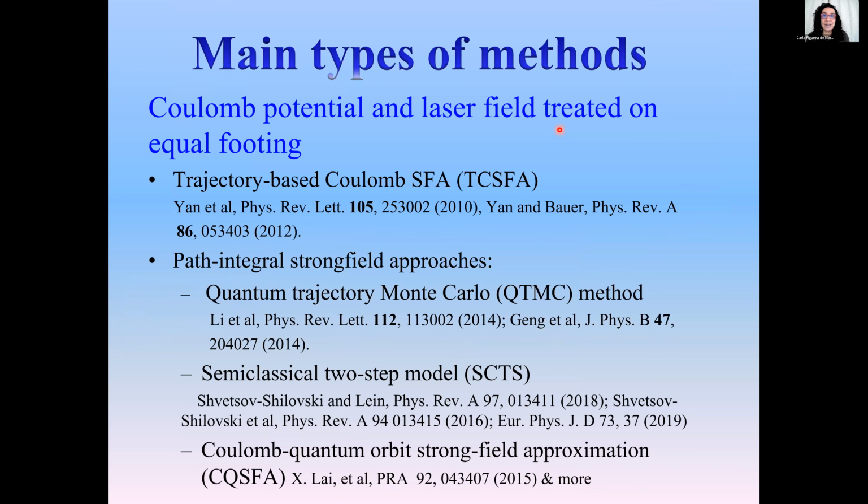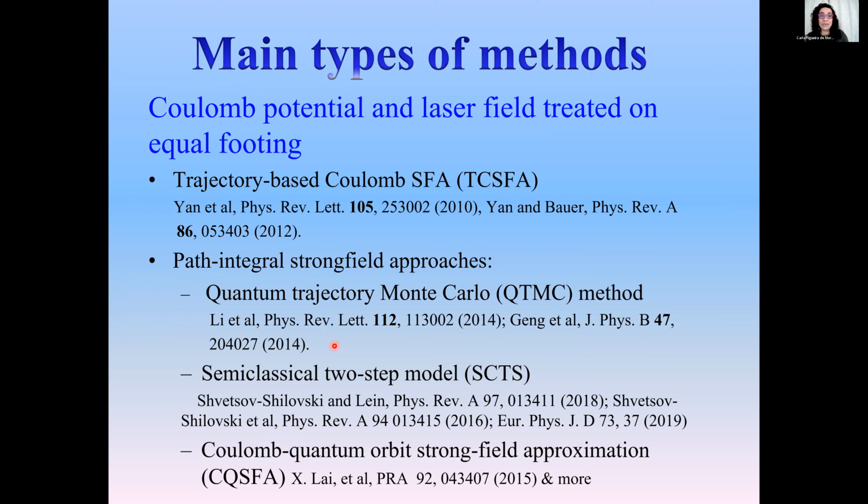And also one thing that was considered was to treat both the Coulomb potential and the laser field on equal footing. Several methods have done this, okay? So trajectory-based Coulomb SFA by Titabawa and co-workers as well.